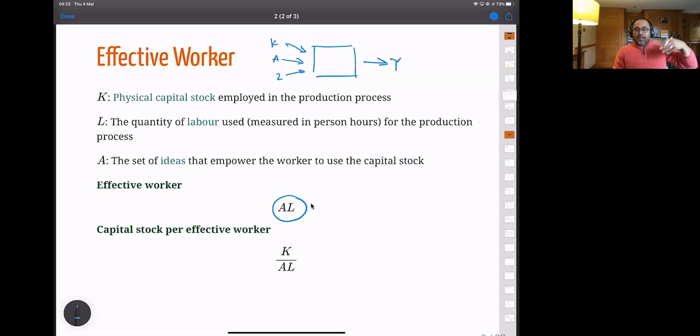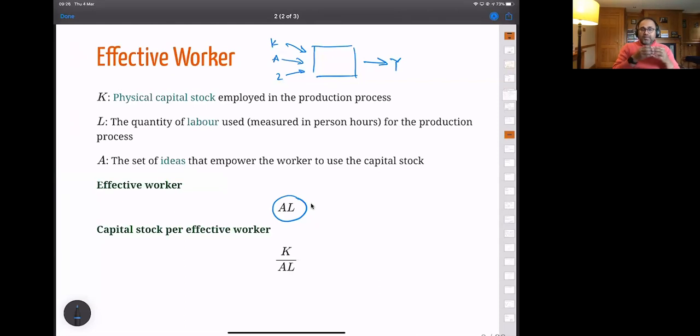So if you take L equals one person working for 6 hours a day, if you increase A, that person becomes more effective, right? Now, if you're interested in thinking of labor as an input, we can't think of labor as an input without any control or influence in terms of how productive they are.